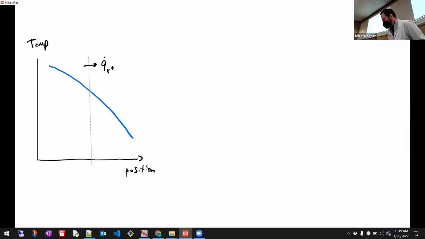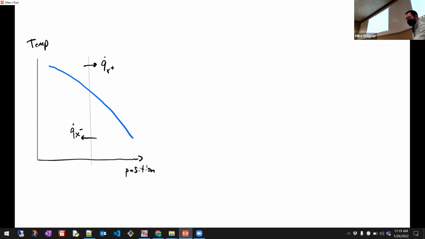You'd also see movement in the other direction, Q dot X minus. You'd still see electrons moving. There's chaos at that level, randomness in the movement. You're seeing things moving both ways. So we have both heat flow in the positive X direction and heat flow in the negative X direction at the microscale.